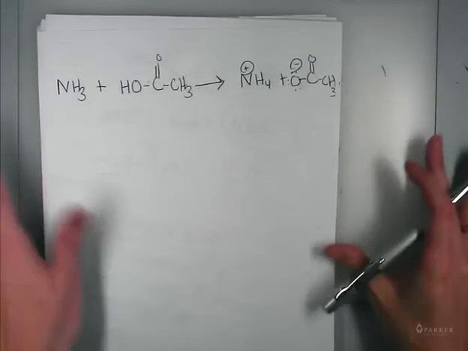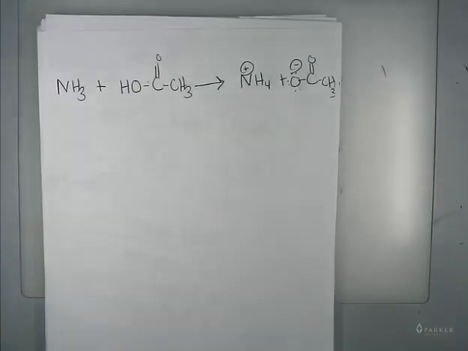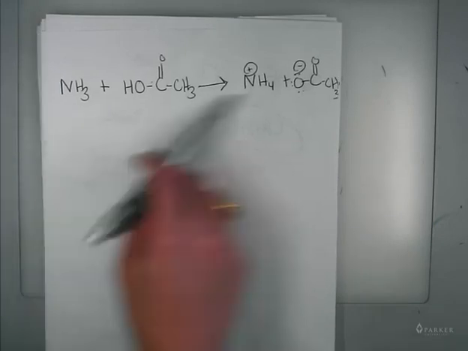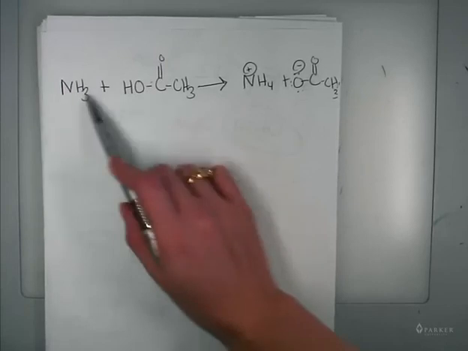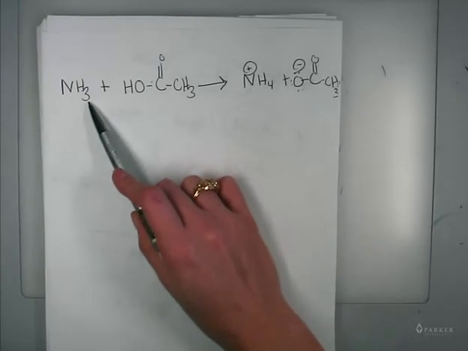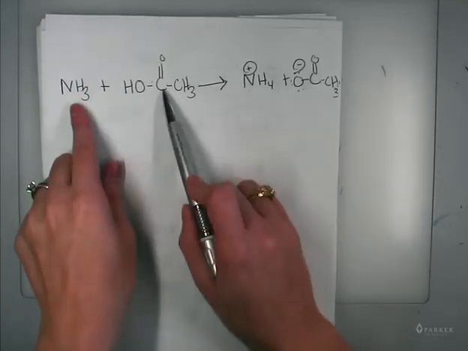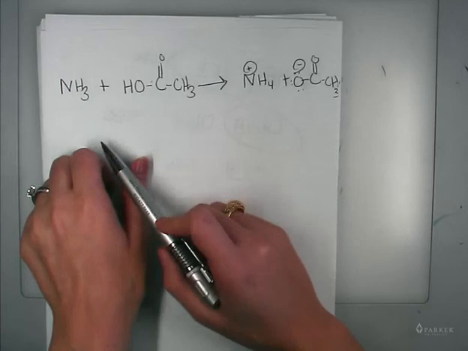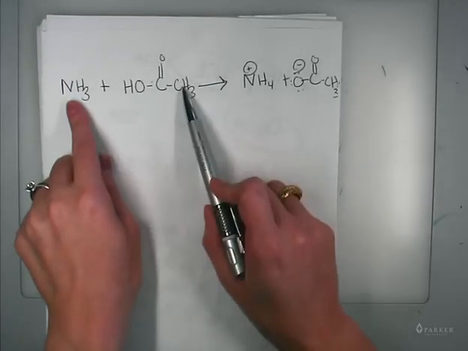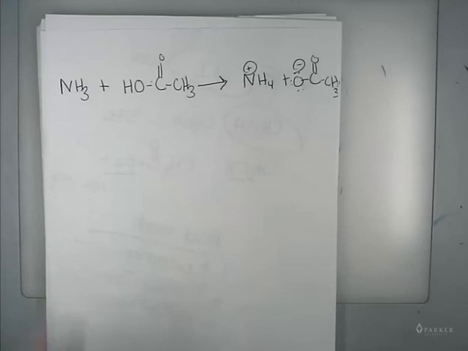We're going to pretend this is all you see. We need to figure out which ones are acid, which ones are base, which one's the conjugate acid, which one's the conjugate base. If we're assuming that it goes in this direction, between NH3 and this carboxylic acid right here, which one would be your acid? The first one or second one? This second one.